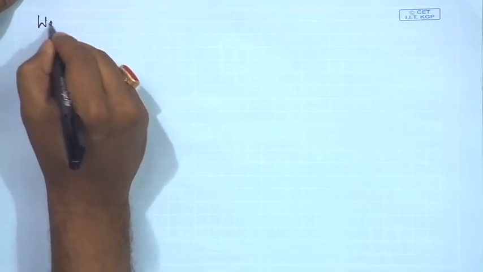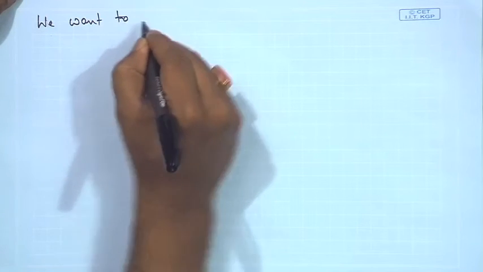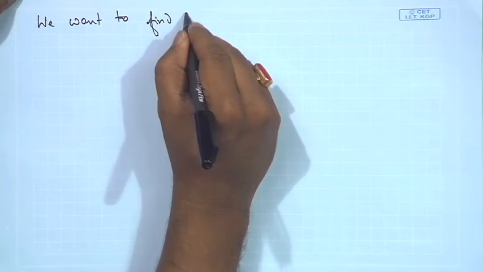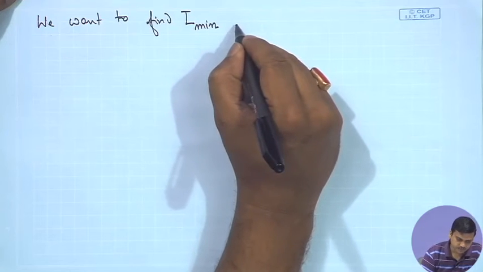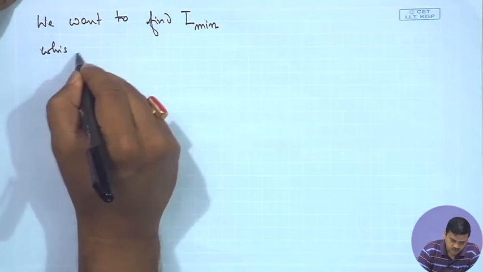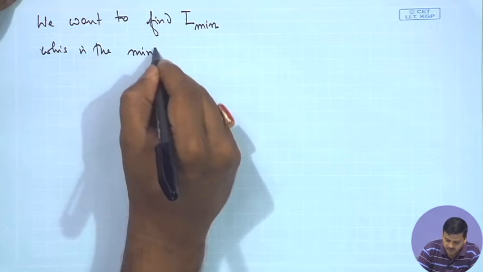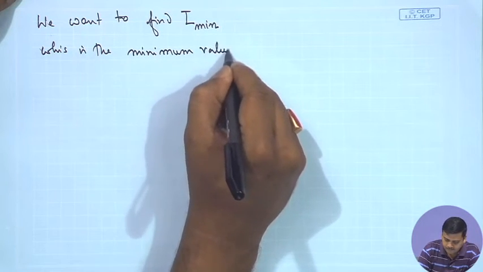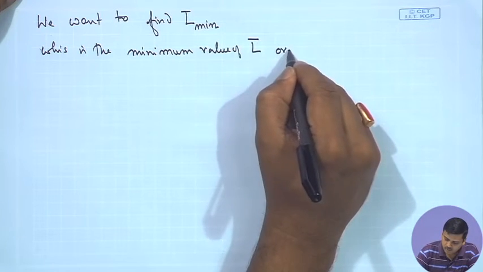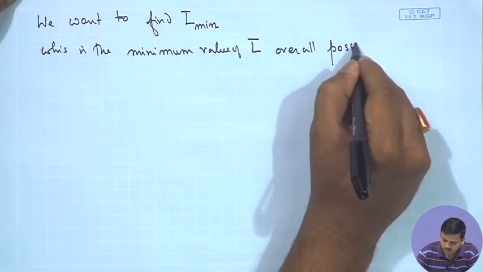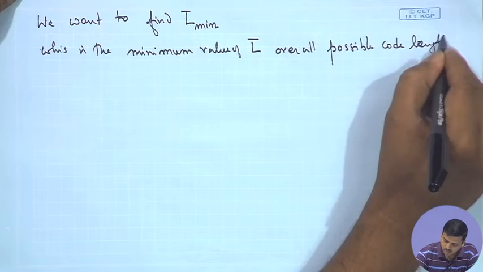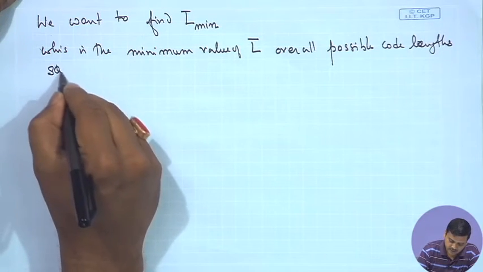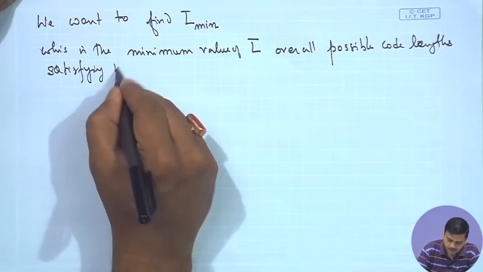So, we want to find L bar min, which is the minimum value of L bar over all possible code lengths satisfying the Kraft inequality.